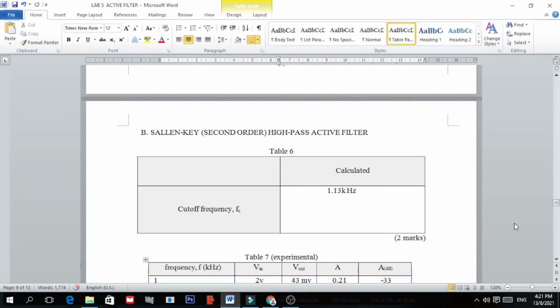Next, it's a high pass active filter. It is calculated the same as the low pass active filter, that is 1 over 2 pi square root of R1, R2, C1 and C2. So the value that we got is 1.13 kilohertz.